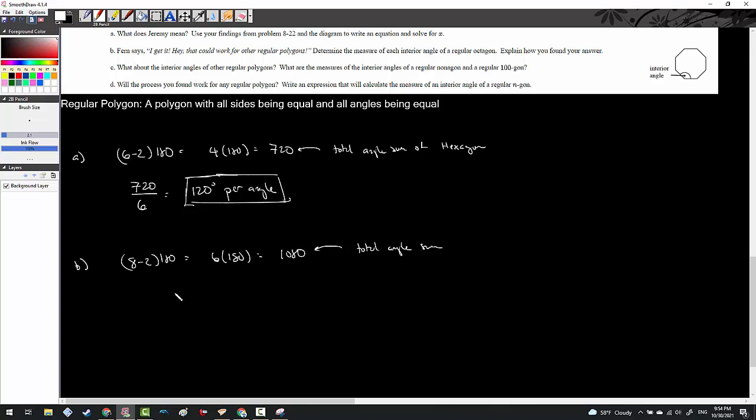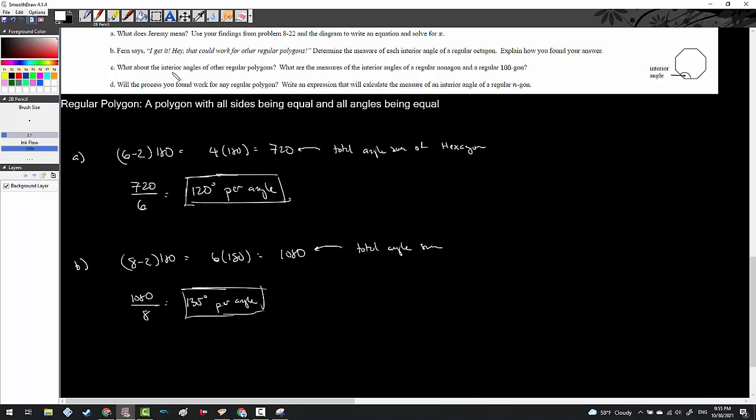We want only one angle. So that's going to be 1080 divided by 8. And if I know that correctly, I believe it's 135 degrees per angle. So that should hopefully make a certain degree of sense. Again, we divided by 8 because there are 8 angles in the octagon.